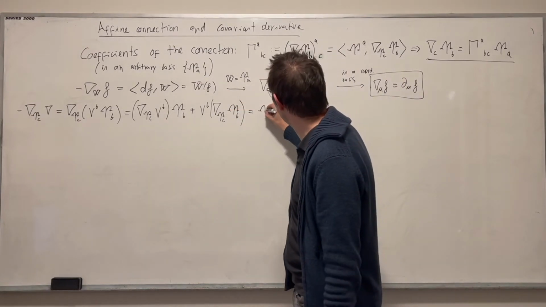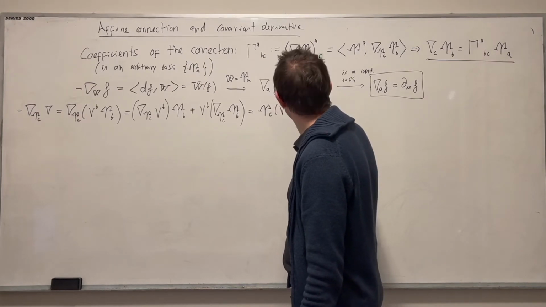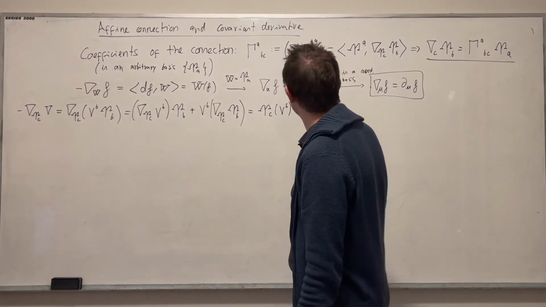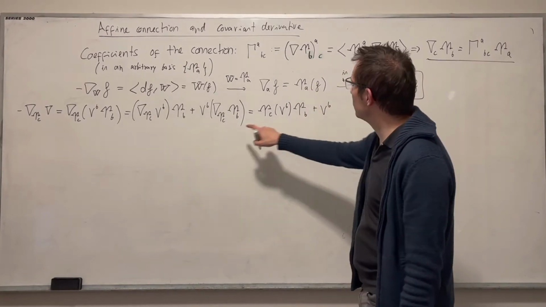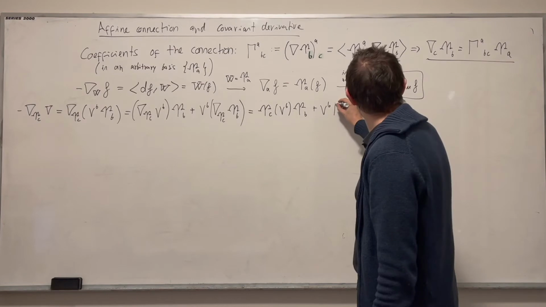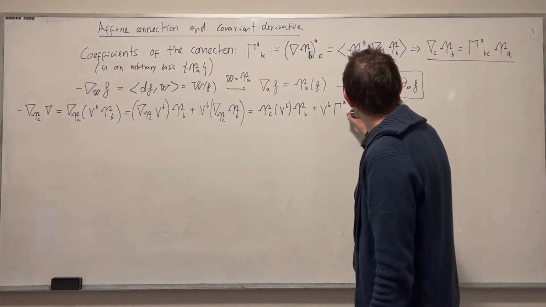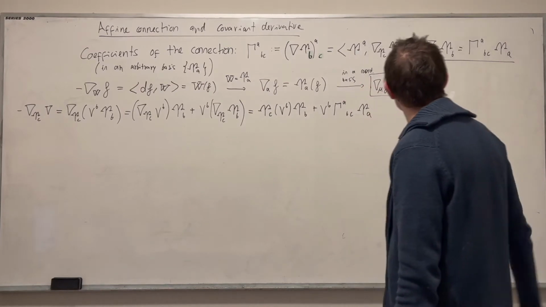So this is going to be epsilon c acting on v^b, contracted with epsilon b. And I'm going to have to add v^b, and now this expression I already have here. All right, so this expression is going to be gamma^a_bc epsilon a.